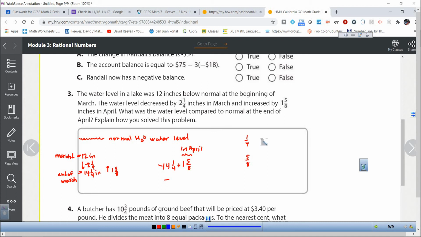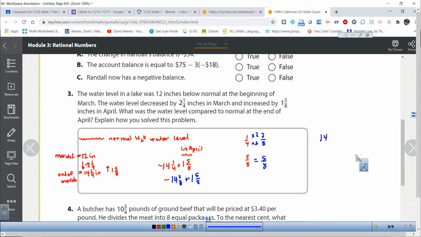The smallest thing they both go into is 8, right? So this one's going to stay the same. This one I'm going to have to multiply by 2 over 2, and I'm going to get 2/8. So I now have negative 14 and 2/8 plus 1 and 5/8. All right, but then I still have another problem, don't I? Because I have more negatives, which means I need to subtract.